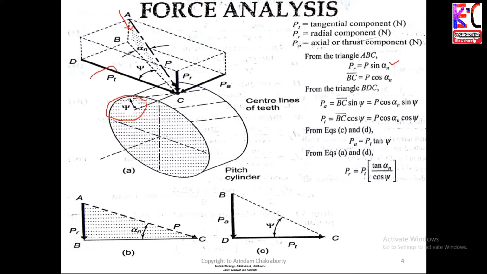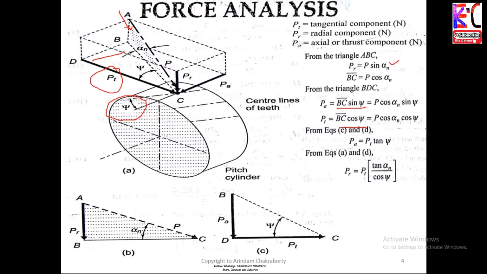So PT will be BC cos psi, and similarly there will also be PA, BC sin phi, as you can see over here.